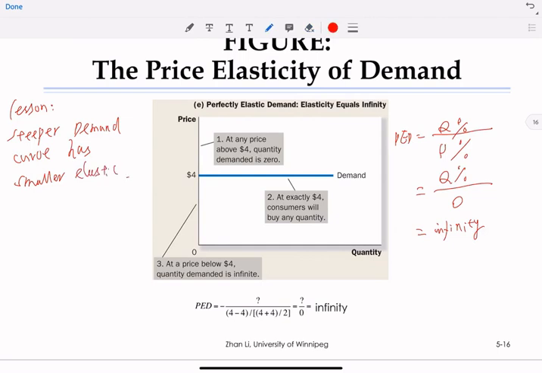Or you could say flatter demand curve is more elastic, right? Okay, that's the lesson here. I hope you could remember this lesson because it's actually quite useful when you're solving problems.